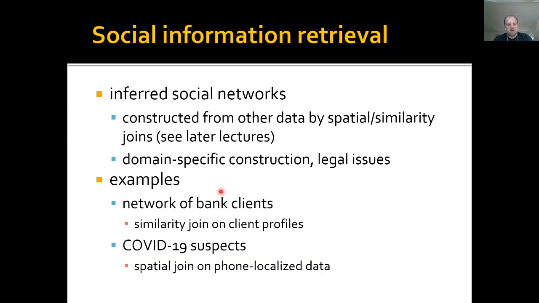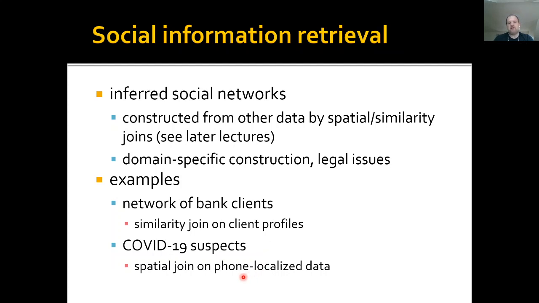I have 2 examples here. One is very up to date. Today or in the next months, we can expect that smart methods will be developed for localization of COVID-19 suspects, and this is exactly what could be named an inferred social network.